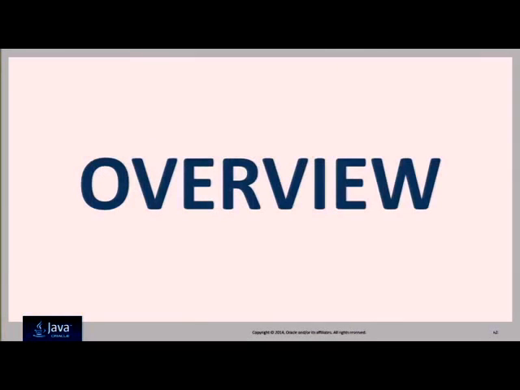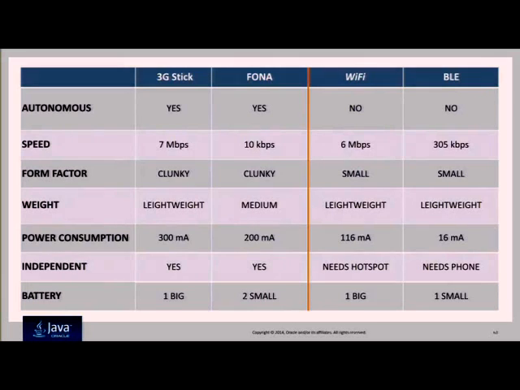So let me give you a short overview. We compare these different solutions, like this 3G stick and the Phonar, which could also be the SIM900 or SIM908, which is a similar approach. And then you see the data rates of all these approaches, and the weight compared to each other, and the power consumption, which is really the biggest part here, right?